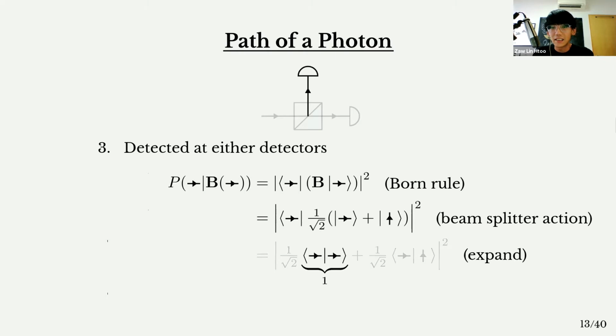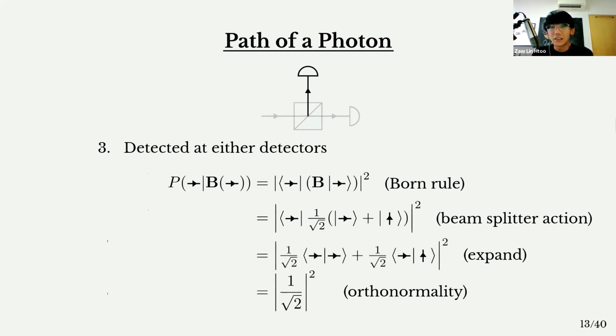We know that this is orthonormal, so this should be 1. And again, it's orthonormal, so this should be 0. And so from orthonormality, we know that the only term that survives is 1/√2. And we square this, we get half, which is 50%. So this operator does indeed describe what happens after you pass a photon through a beam splitter.